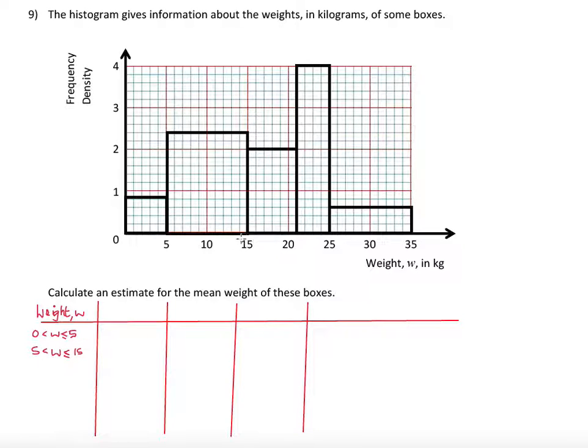Okay, then we've got a bar which is greater than 15 but less than 21. Be careful reading off your axis. And then greater than 21, less than 25. And then the final one is greater than 25, but less than 35.